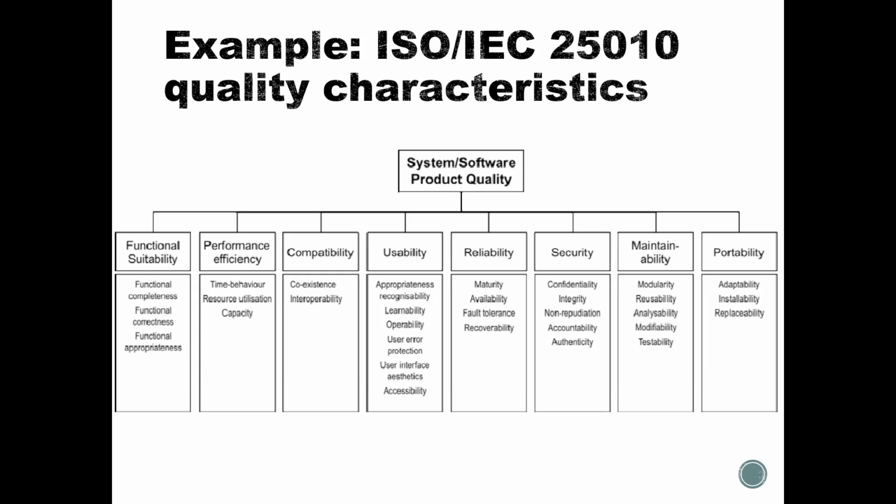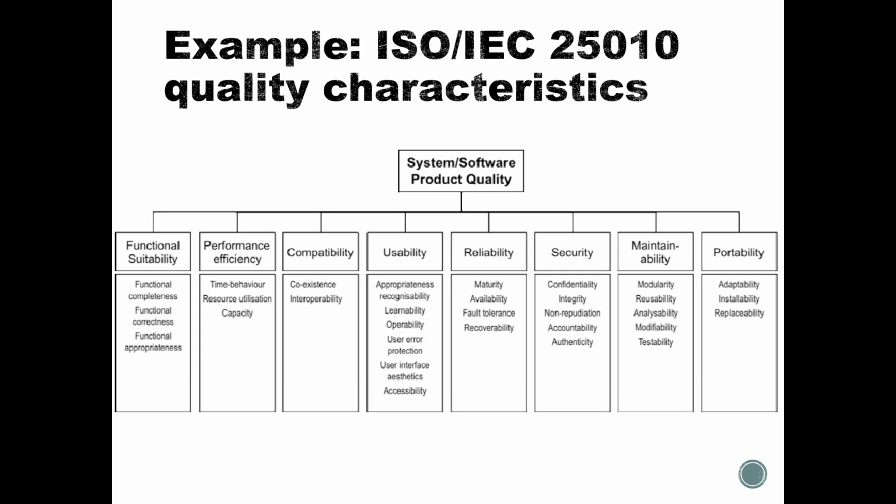In compatibility, we have coexistence and interoperability. Interoperability means the product should work with and be compatible with different service providers, and so on. Coexistence means the product which is being developed should exist with other products which are being used, and so on.